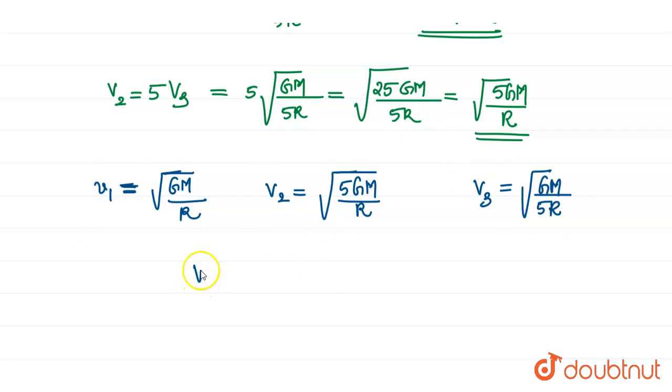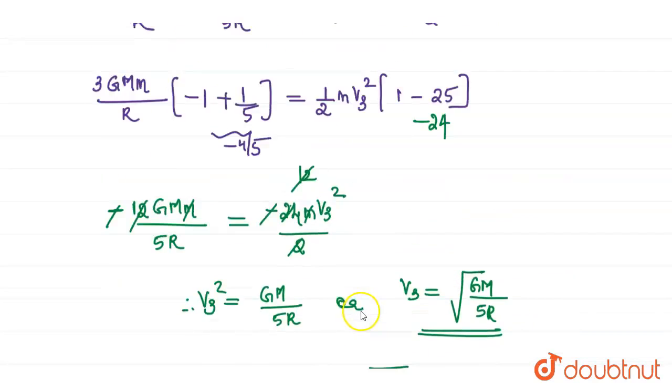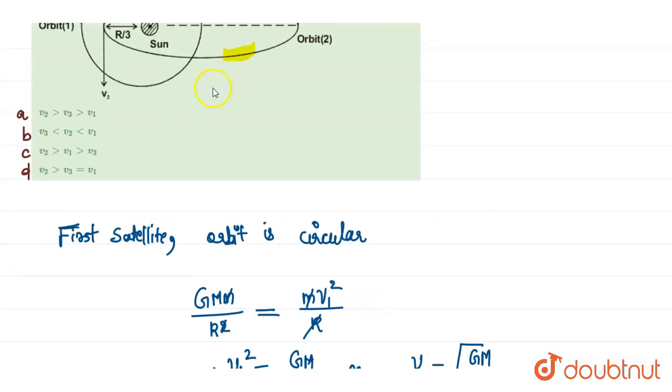Comparing these, v2 is the highest. v2 is greater than v1, which is greater than v3. So this is our order. v2 is the highest velocity, then v1, and the lowest is v3. So v2 greater than v1 greater than v3. So option C is the correct answer.